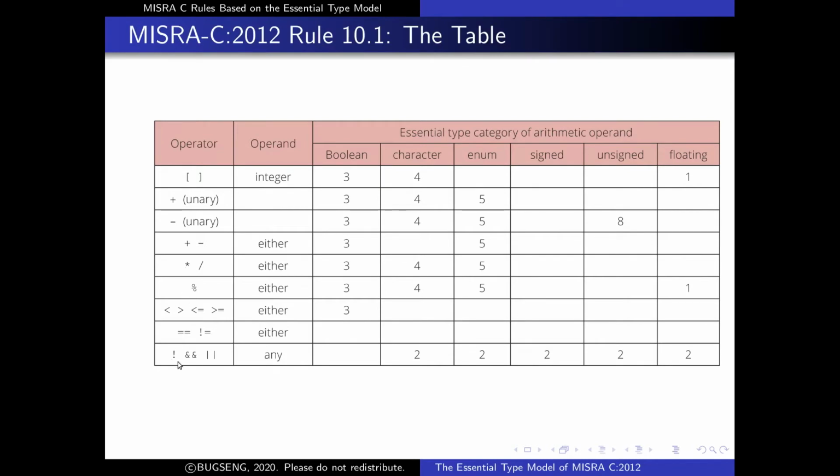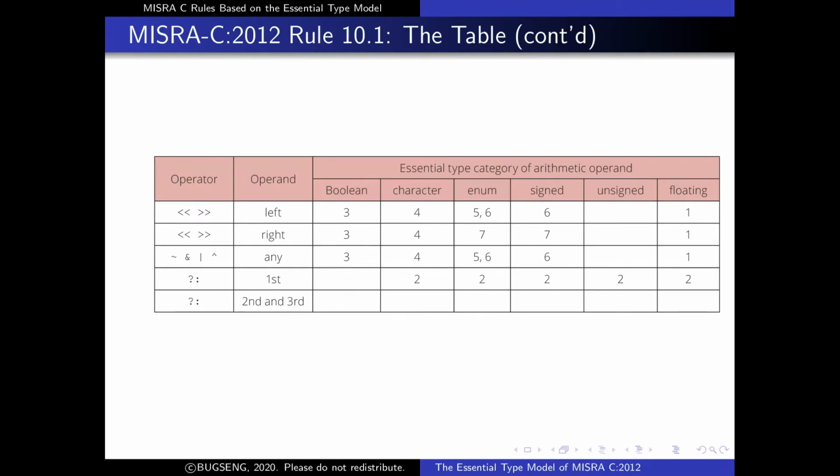Let's see another example here. You cannot apply the logical operators to anything that is not a Boolean. All the other cells in this row have a number, which is a pointer to the explanation of why not. You should see MISRA C 2012.